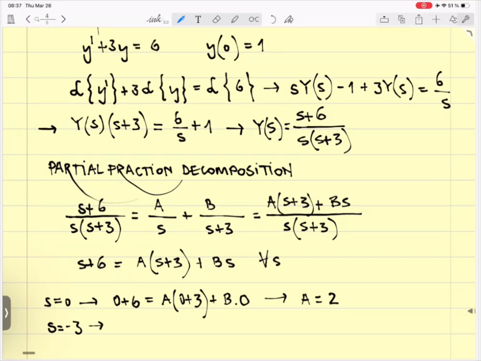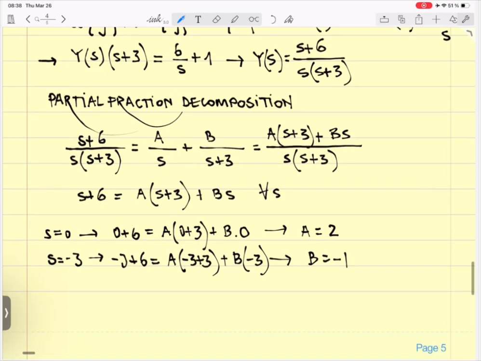Minus 3 plus 6 equals a times minus 3 plus 3, so 0, plus b times minus 3. So b turns out to be minus 1, right?